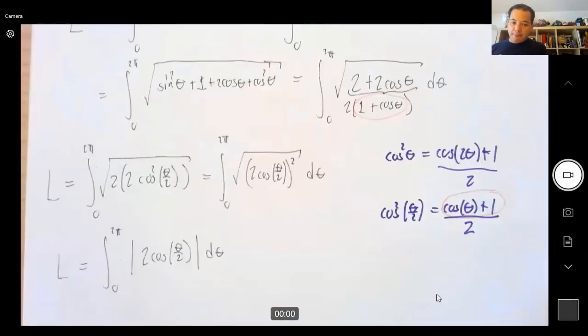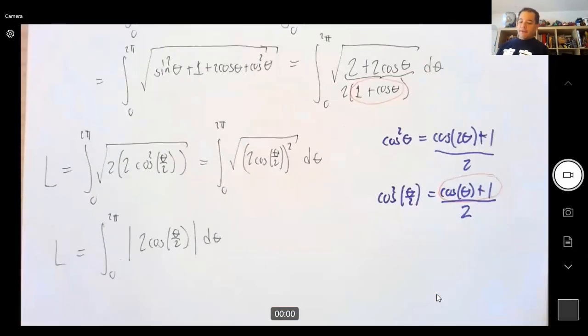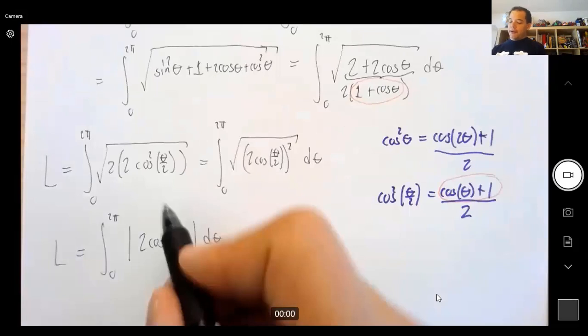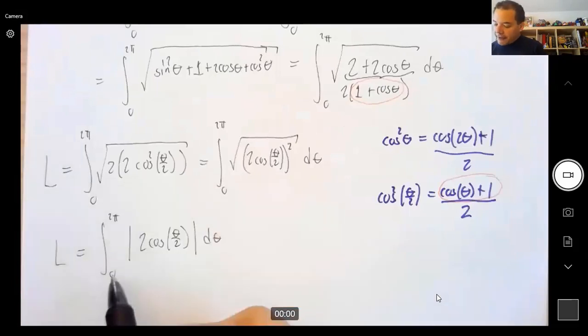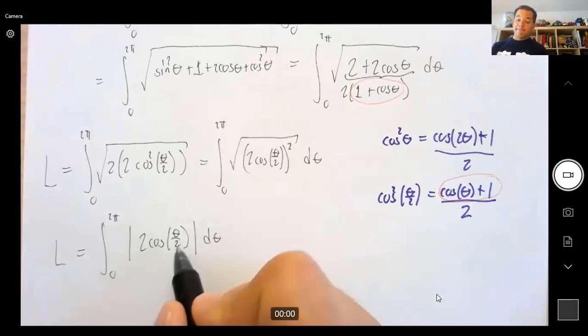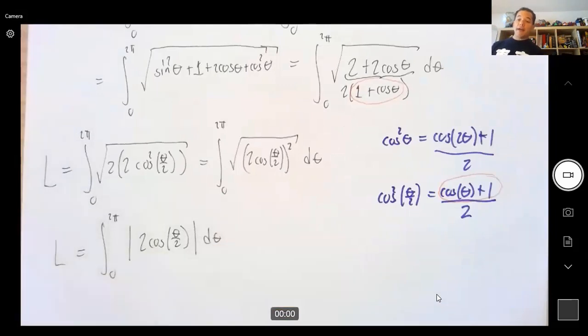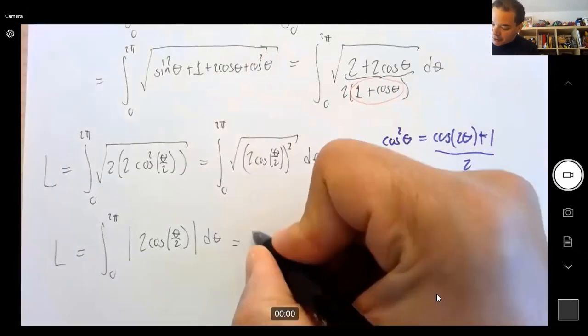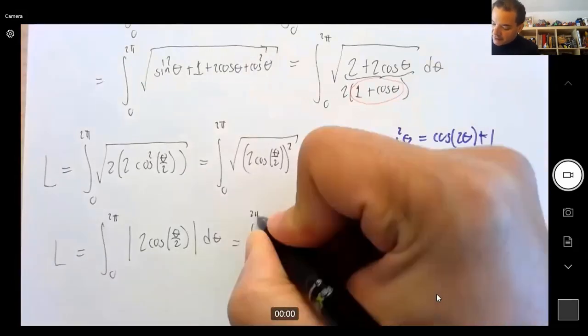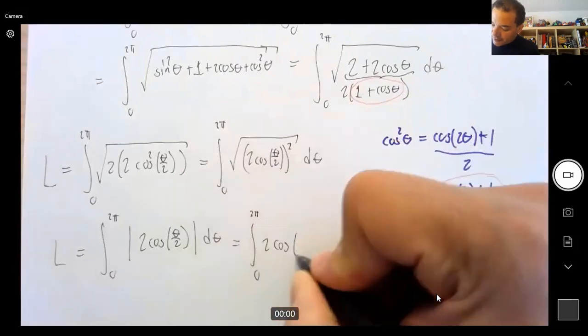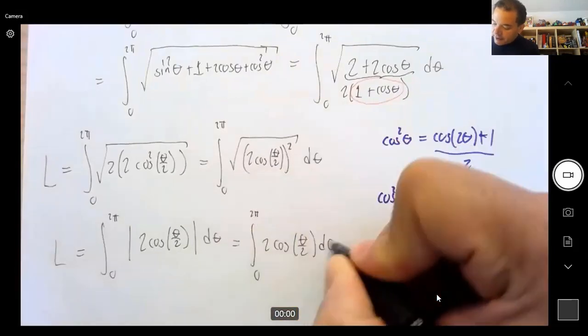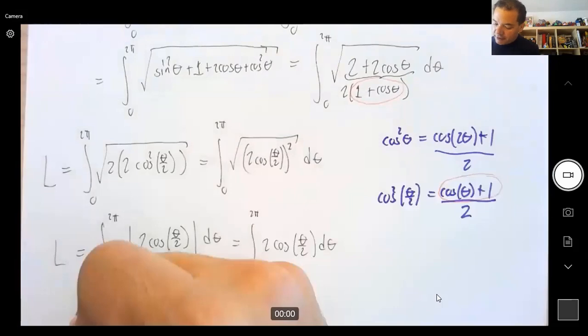And we are not too bothered by the absolute value sign, because when theta goes from 0 to 2 pi, theta over 2 goes from 0 to pi. And between 0 and pi, cosine is positive. So we don't need the absolute value bar, and that makes us even happier. So this is simply 2 cosine theta over 2. And that's great, because now we can integrate.